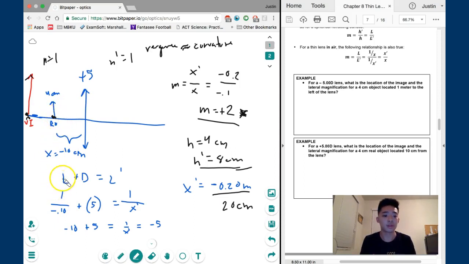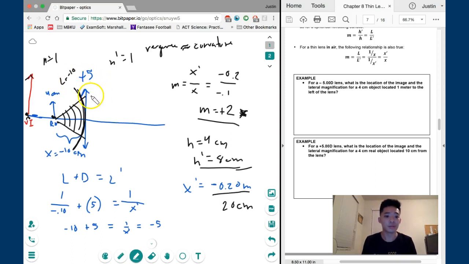So this object had a vergence of minus 10. That makes sense because it's diverging before it hits the lens. This curve that I'm bolding, this L is minus 10, right? So what happens to that L of minus 10?